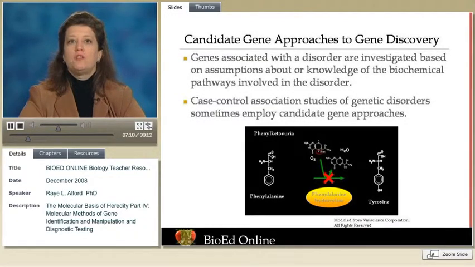Another approach to discovering genes associated with disease is the candidate gene approach, which is based on assumptions about or knowledge of the biochemistry of a disorder. For example, if the primary symptom of a particular disorder is activation of inflammatory pathways in a particular tissue, then genes that encode proteins involved in inflammatory processes might be reasonable candidates to investigate for disease-associated mutations.